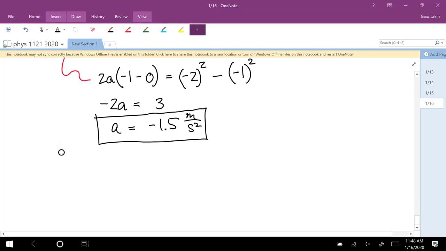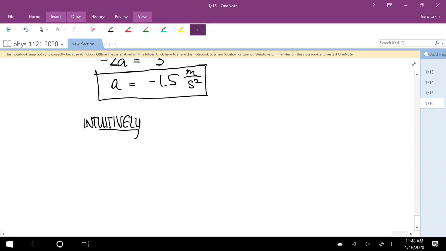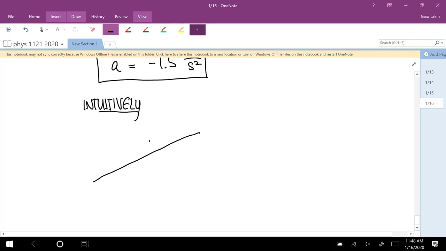Okay, so intuitively, what does this say is going on? Our positive direction is up, right? Our velocities are both negative, and our acceleration is negative. So we have negative answers for velocity and acceleration.